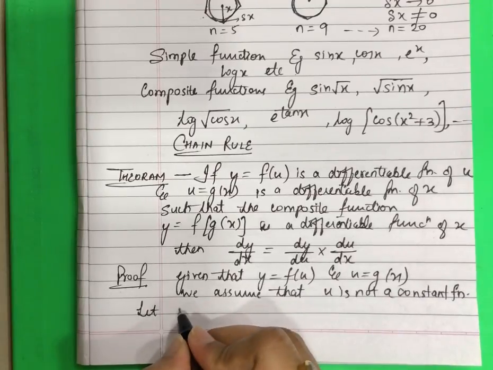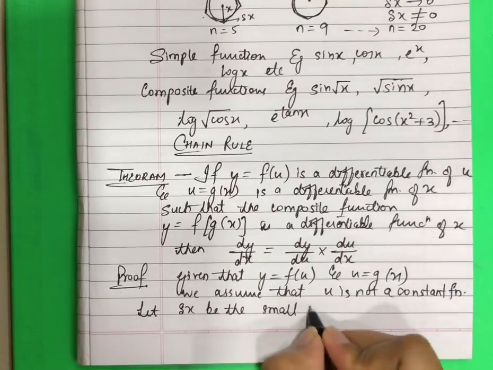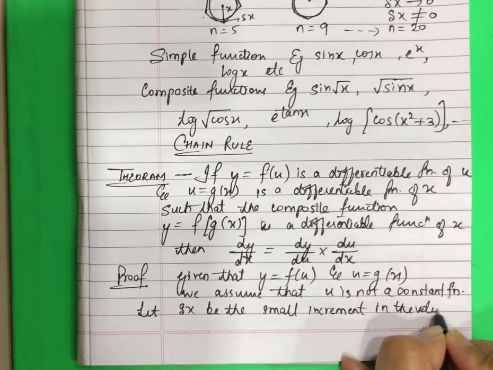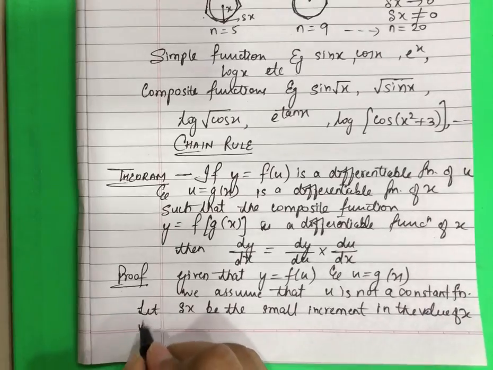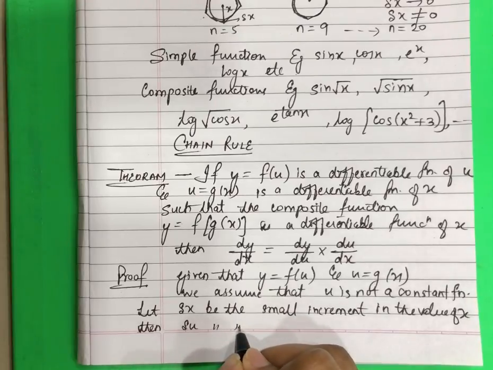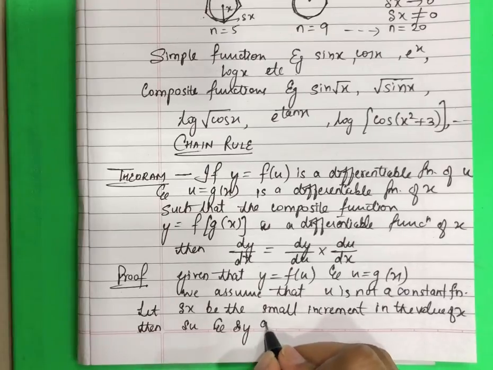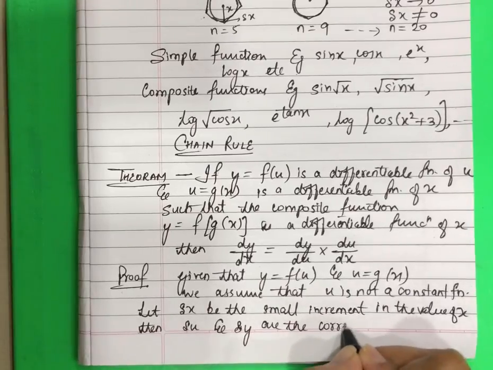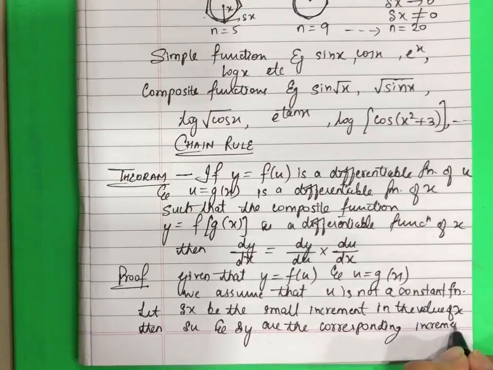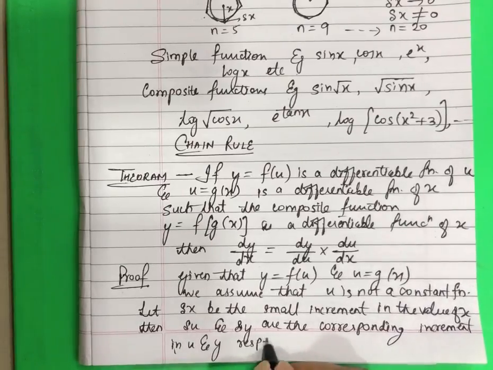First of all, let del x be the small increment in the value of x. Then del u and del y are the corresponding increments in u and y respectively.